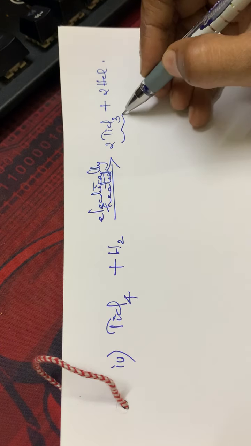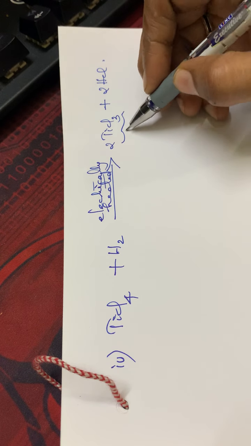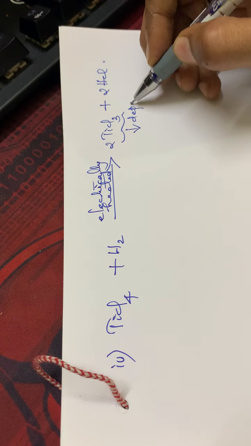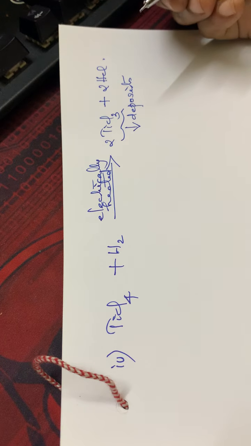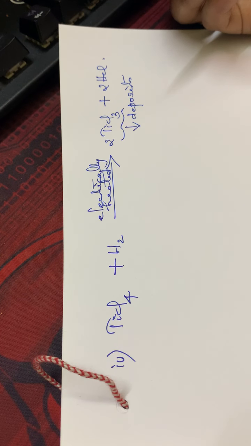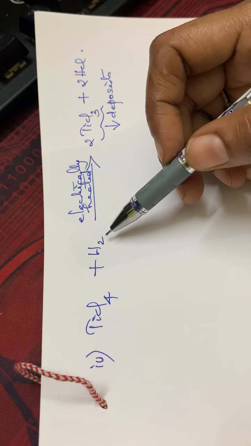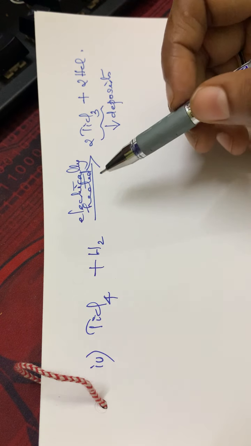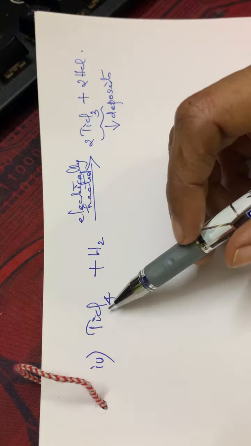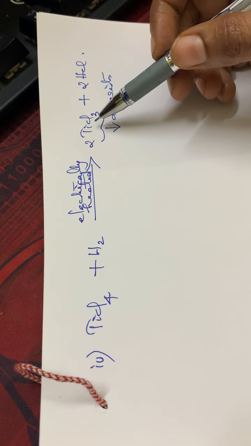So this titanium trichloride will be depositing on the walls of the tube. So we will be obtaining titanium trichloride as deposits on the walls of the tube. Here an electrically heated spiral is used, and there the titanium tetrachloride is reduced to TiCl3.